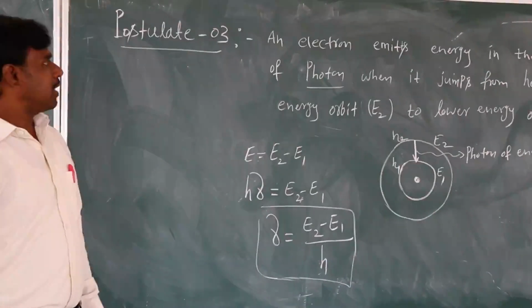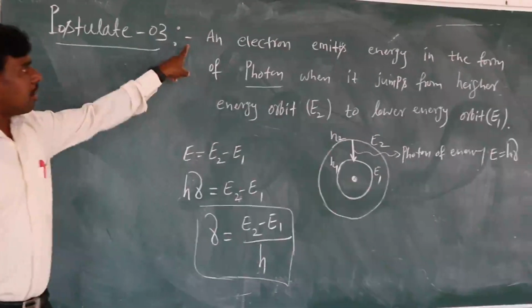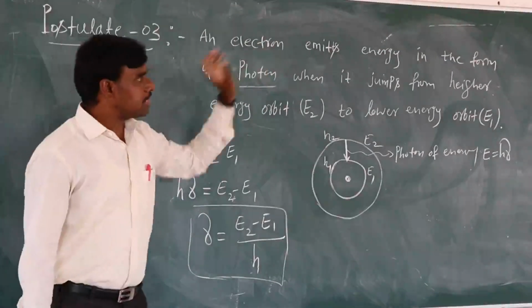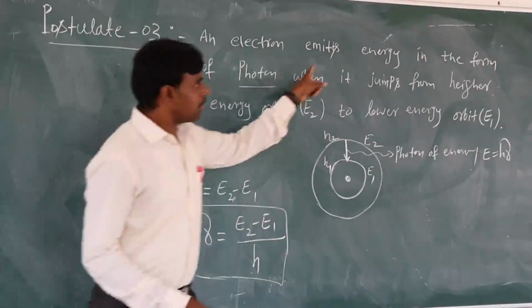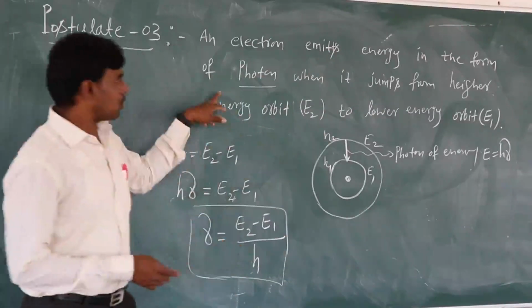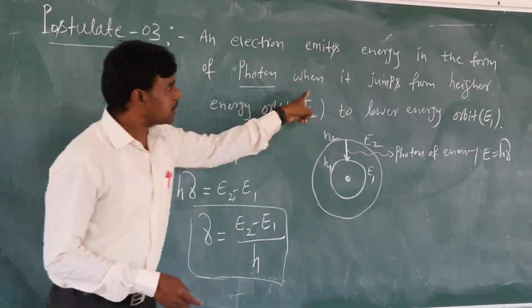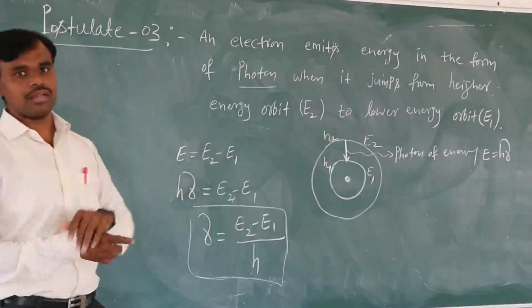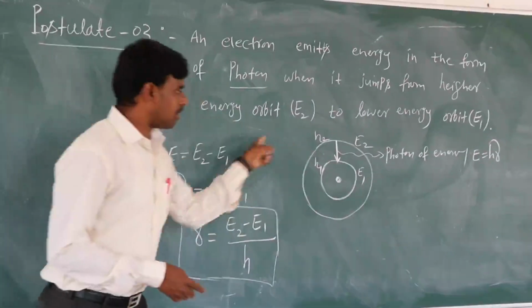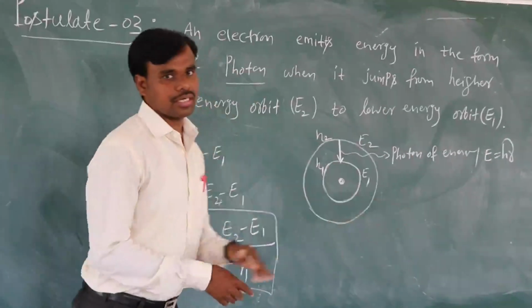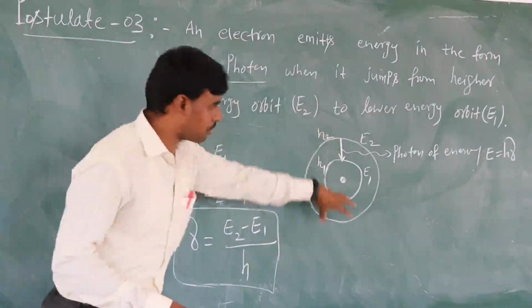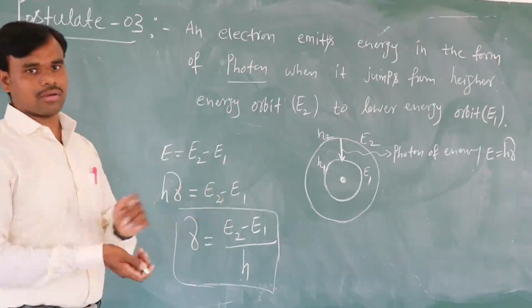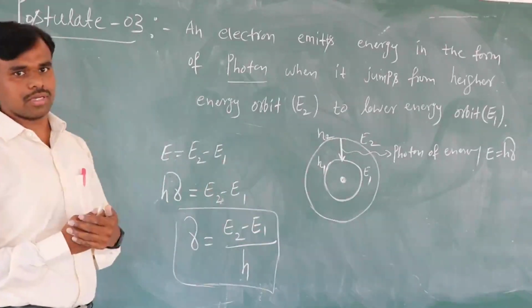The third postulate is that an electron emits energy only in the form of a photon when it jumps from a higher orbit to a lower orbit. But according to Rutherford, an electron continuously emits energy and finally the electron falls into the nucleus. Therefore, the atom is unstable according to Rutherford.